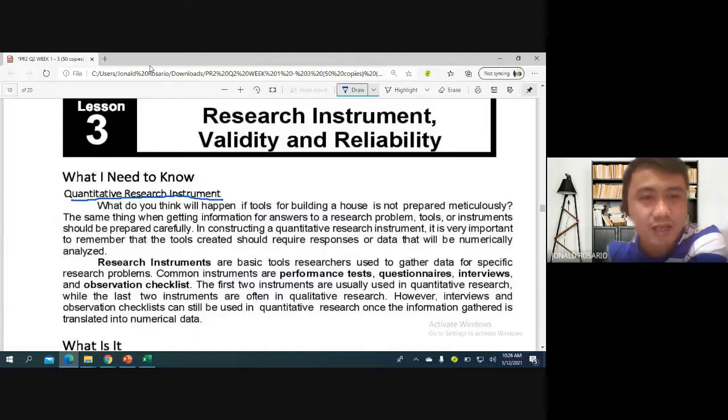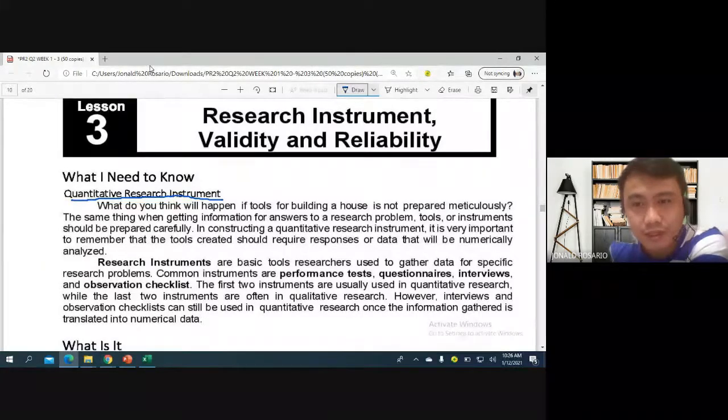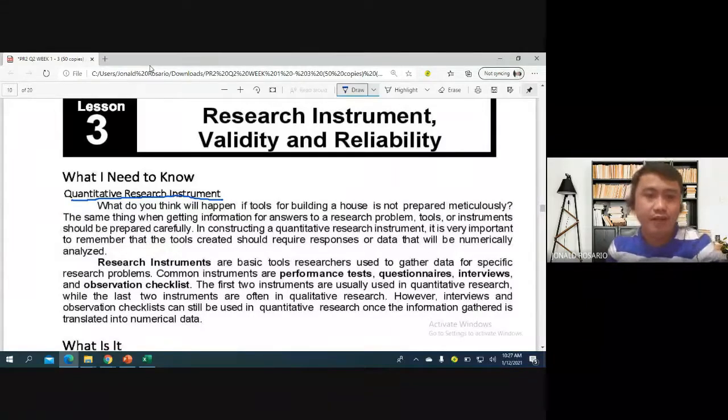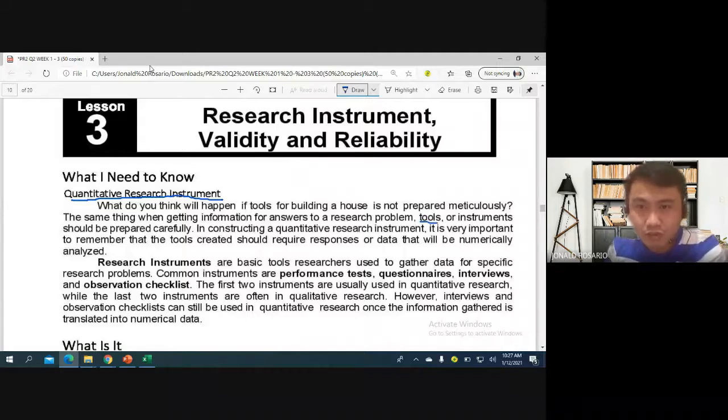Okay? This is the same when getting information for answers to a research problem. Tools or instruments. So ganun din sa paggawa ng isang study, we need to prepare our tools or instruments carefully.